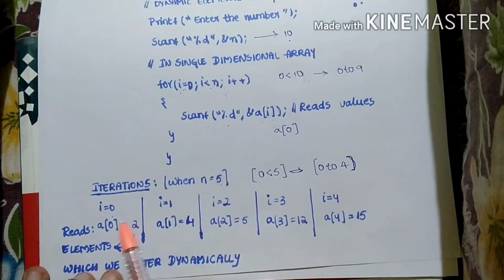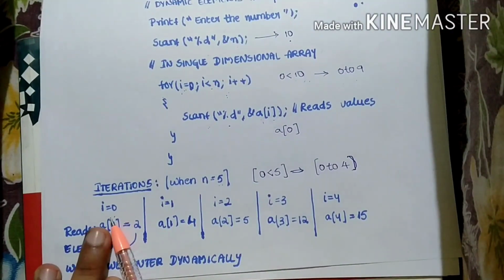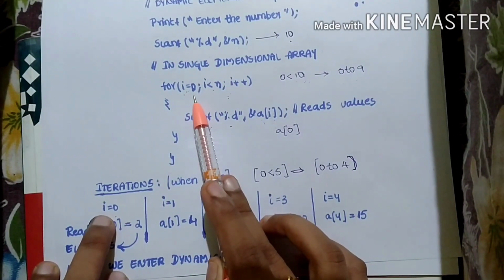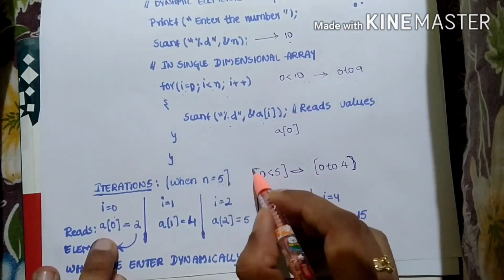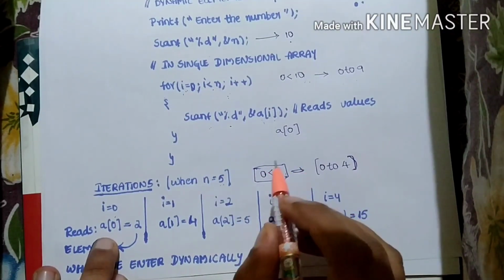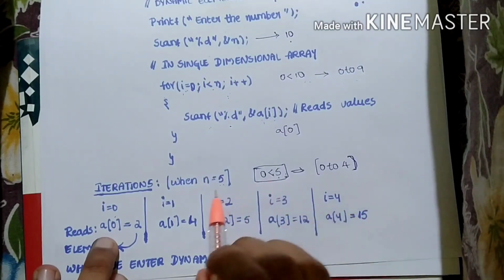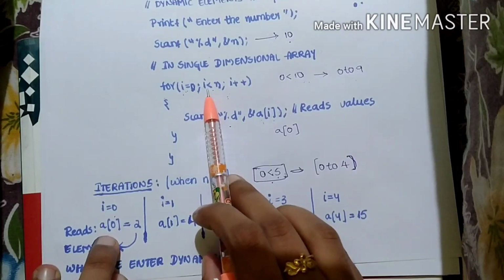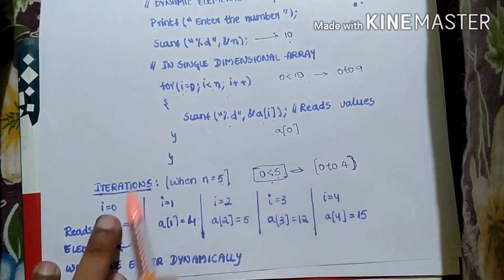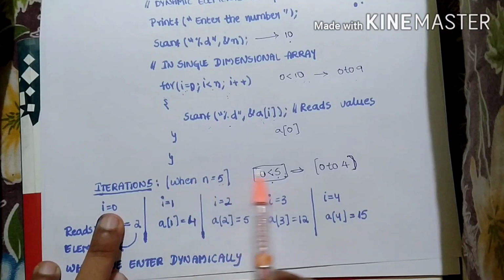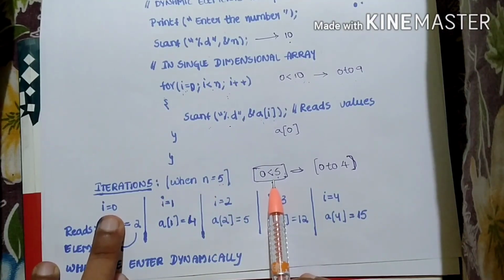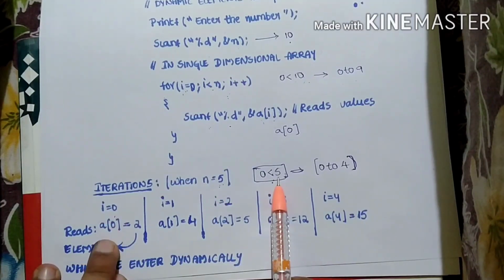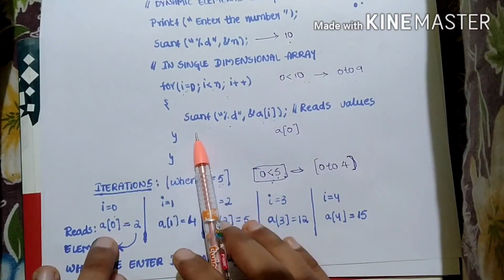Let's see the iterations. i is equal to 0, the initial value in this for loop. So first i is equal to 0, and this is the condition to be satisfied. 0 is less than 5. So this condition is true. It gets into the loop.